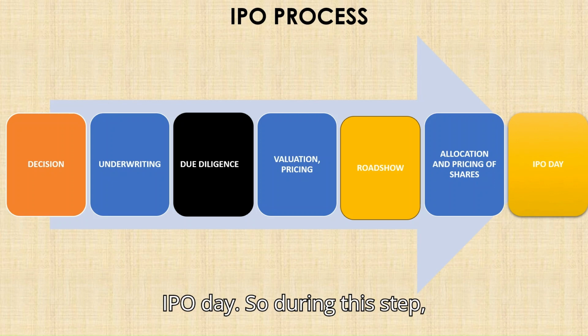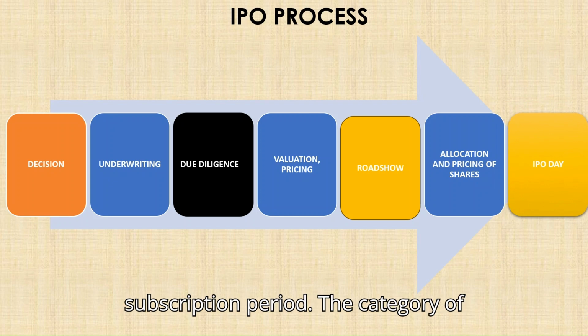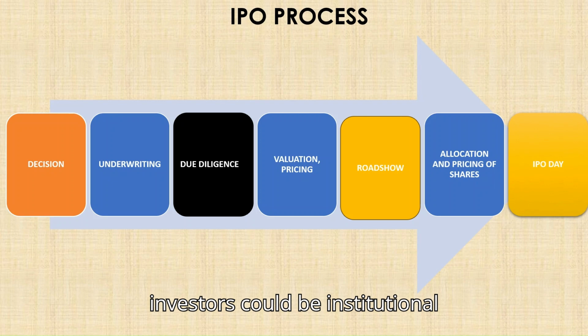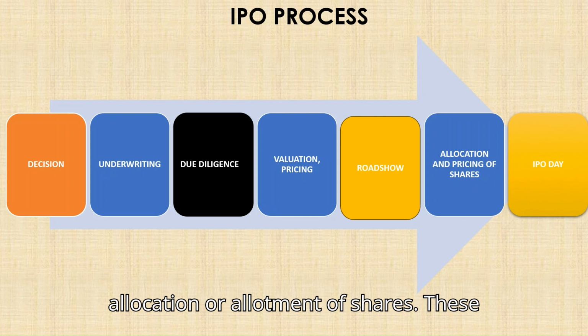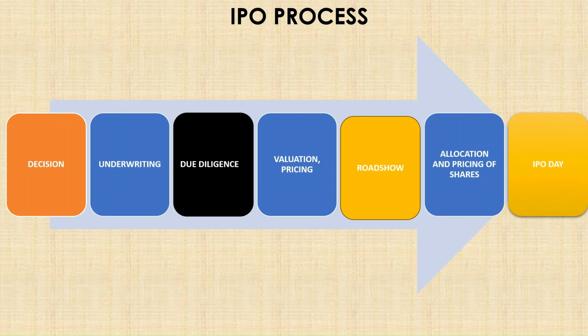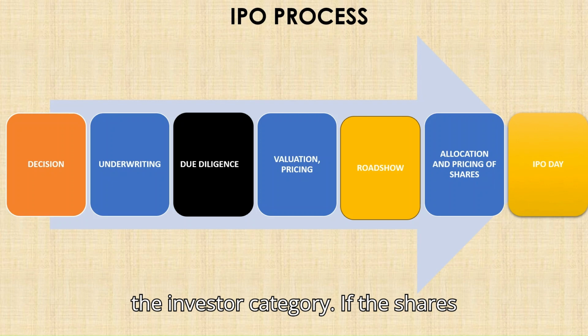During this step, investors apply for shares during the subscription period. The category of investors could be institutional investors like mutual funds, retail investors, and high net worth individuals, or HNIs. Allocation or allotment of shares: these shares are allocated based on demand and the investor category.